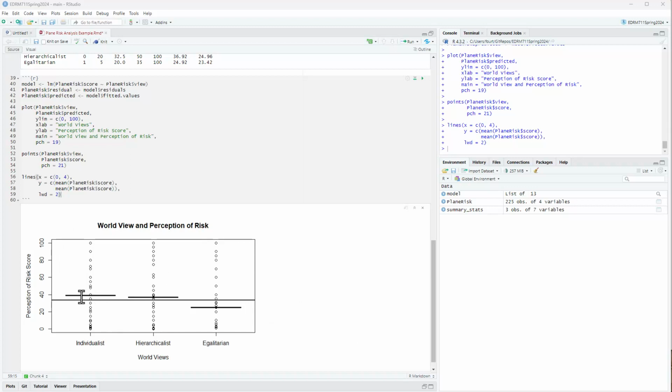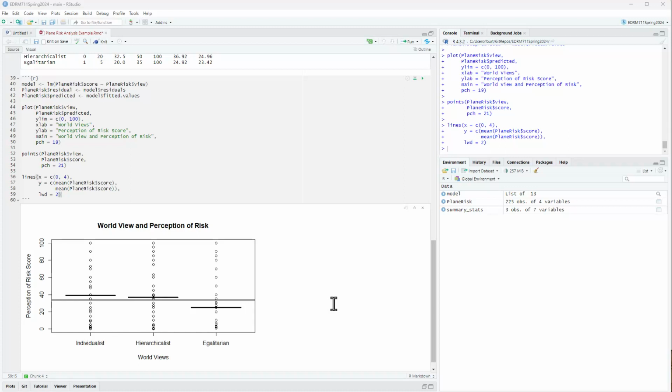If each of these individual lines were on that grand mean line, we would say that group membership has no bearing on what individuals would perceive as risk of being on an airplane.